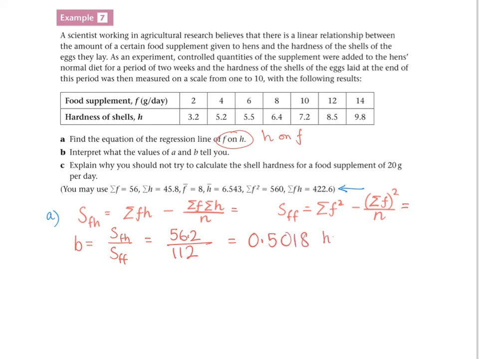So that is actually equal to 0.5018, and it represents the hardness units per gram per day.